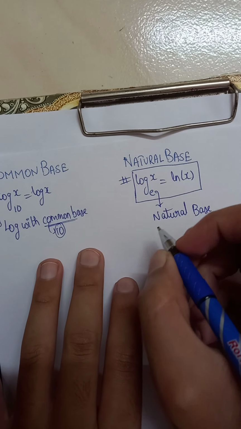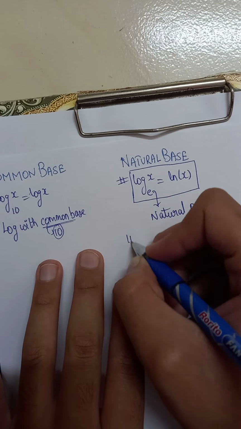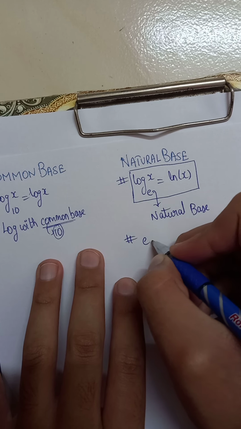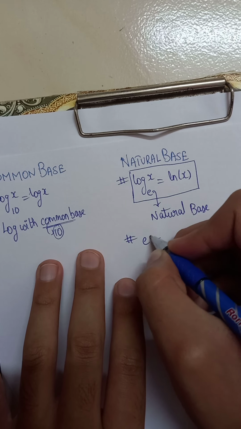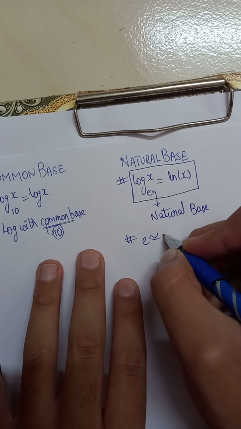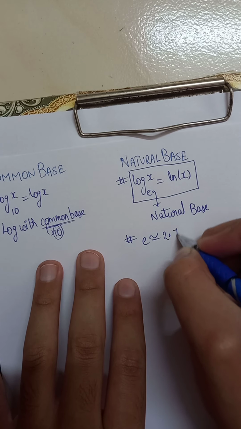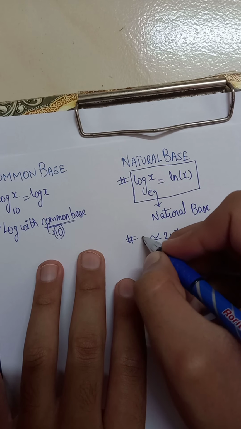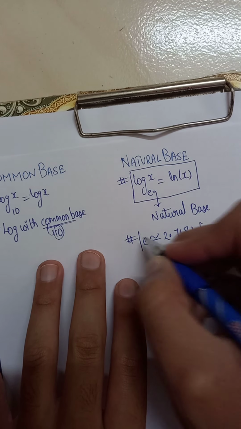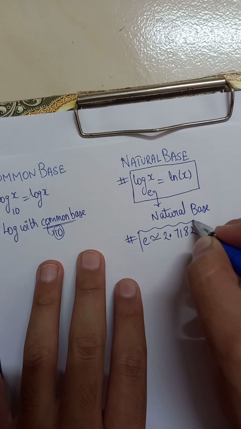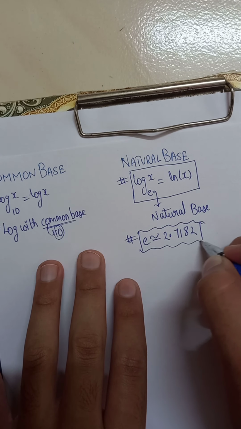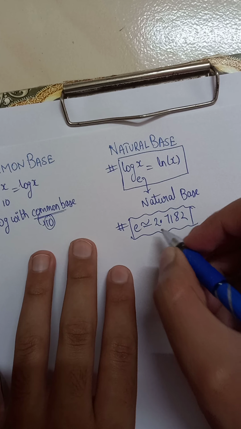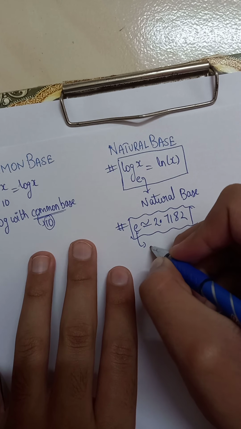So you may be wondering what is the value of e here. The value of e is actually an irrational number whose approximate value is 2.7182. So you can just remember it as 2.71.